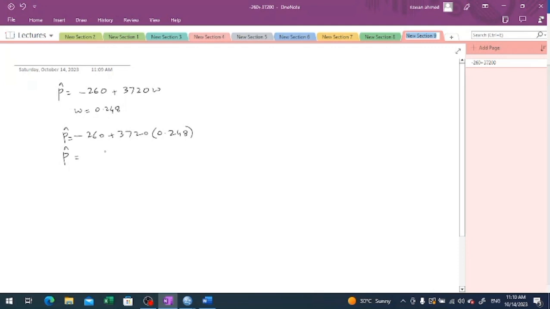So we need to substitute the values as I have substituted, and work out the answer.